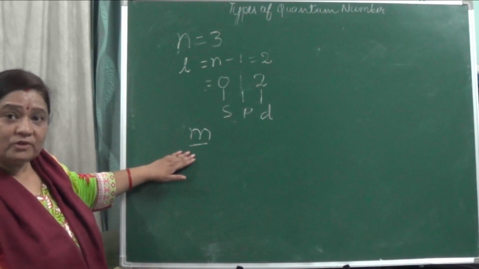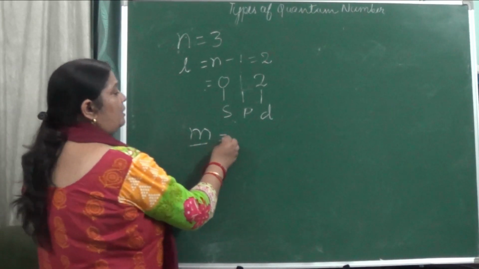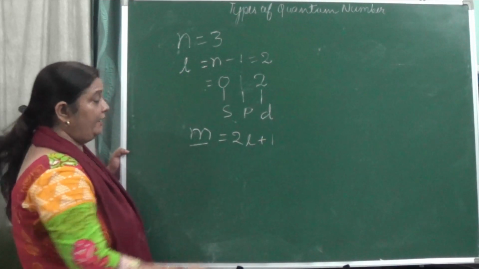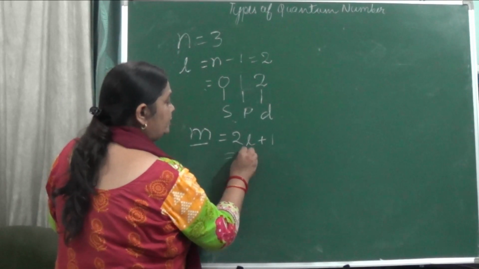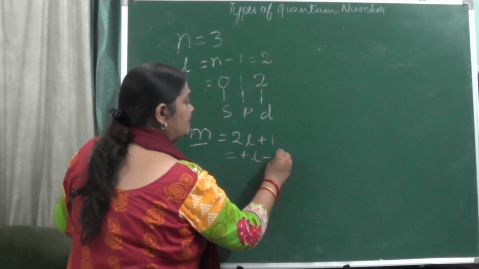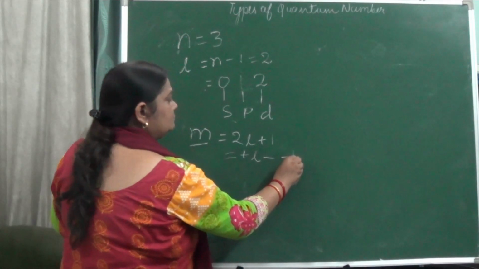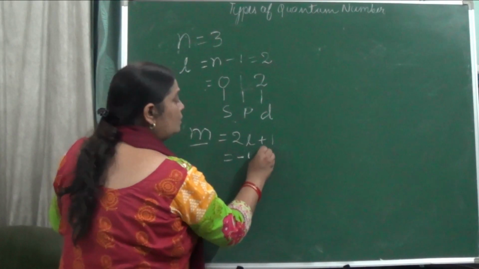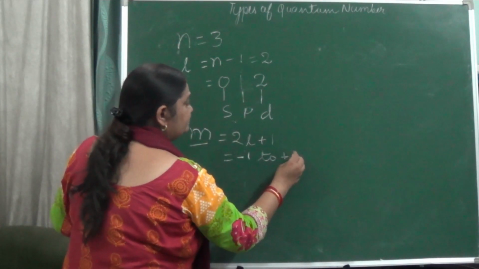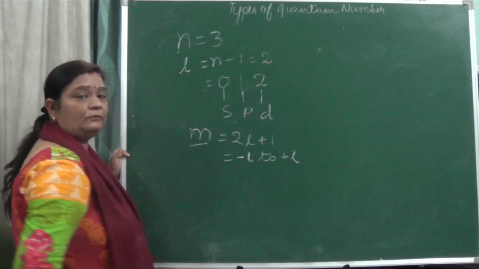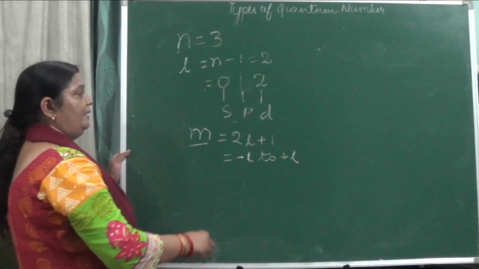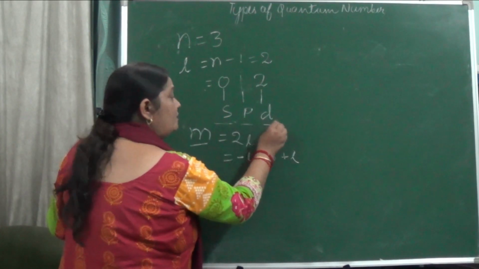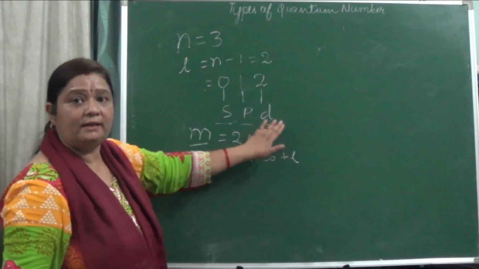What was the formula I had given you? 2L plus 1. One more I gave you: minus L to plus L. Now, keeping that in mind, let us take out the number of orbitals present in s, p and d.